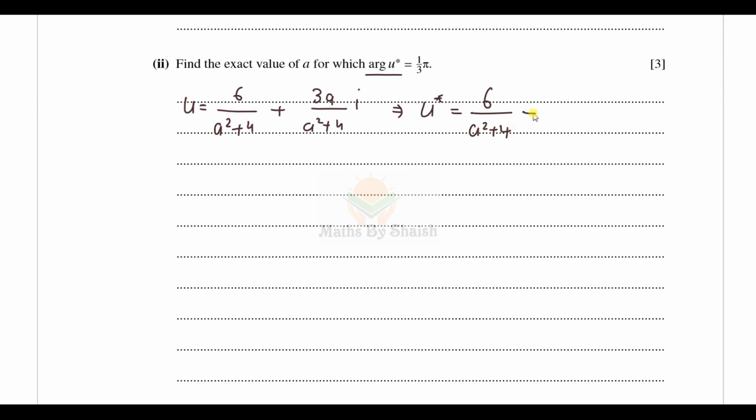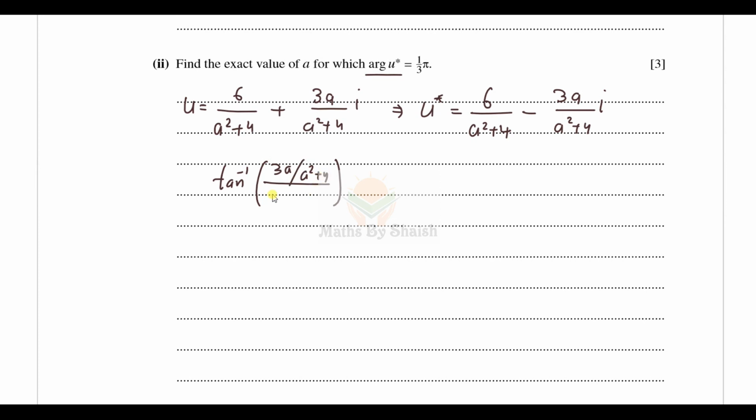Now we have a star, and it's given that the argument is pi over 3, so tangent inverse of minus y over x, that is 3a upon a squared plus 4 over 6 over a squared plus 4, is given as pi over 3.